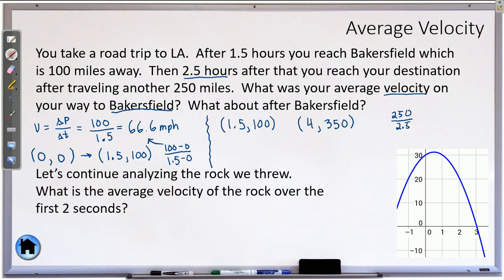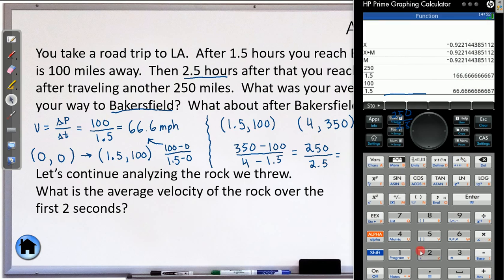So to find the slope between 2 points, we do 350 minus 100 divided by 4 minus 1.5. 350 minus 100 is 250, and then 4 minus 1.5 is 2.5. And so 250 divided by 2.5, that is 100, isn't it? 250 divided by 2.5, yeah.